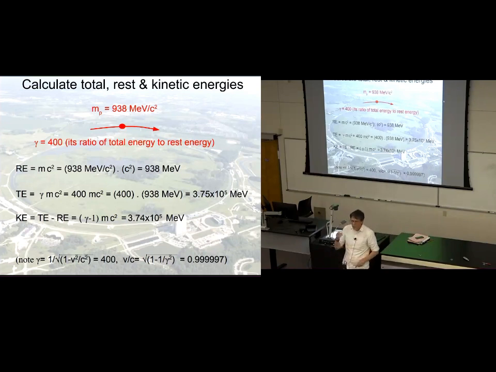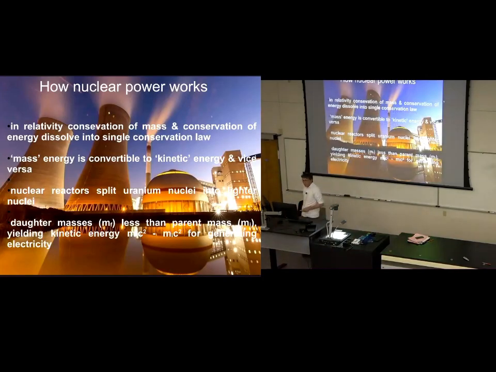I got one more example of energy, and you might want to take a look at that as a second example. It's about how nuclear power works. The way nuclear power stations work is that they convert mass energy into kinetic energy, which generates electricity.